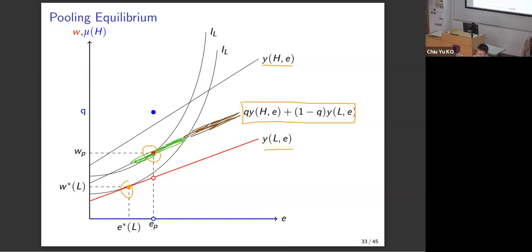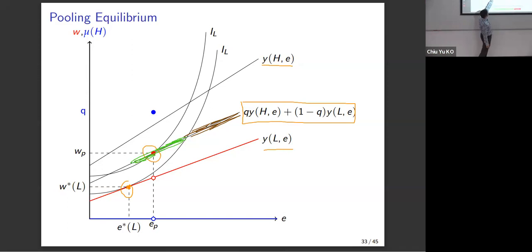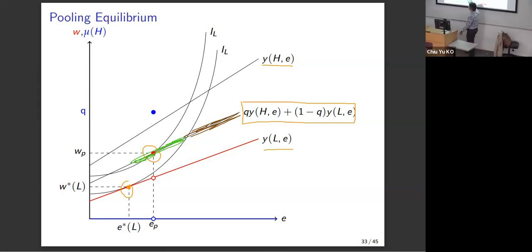So the pooling equilibrium says the following. The firm would always think you are low type, but everyone would get some education. The firm would believe that for this education, Q of them are high and 1 minus Q are low. The high type actually cannot do anything, because this is what the firm is doing.